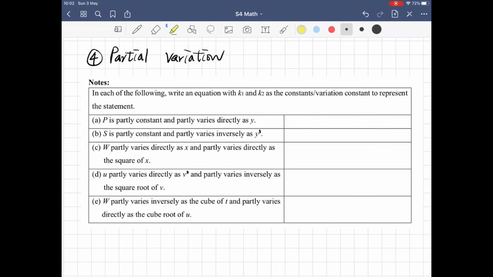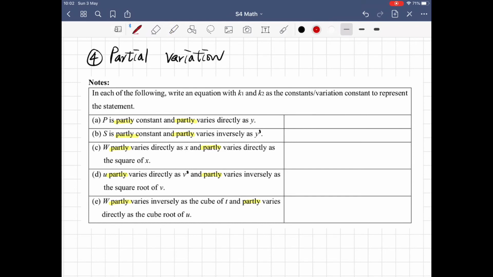Then the last variation is partial variation. For partial variation, there is only one keyword, that is partly. So when we see the word partly, that means we have to use partial variation.